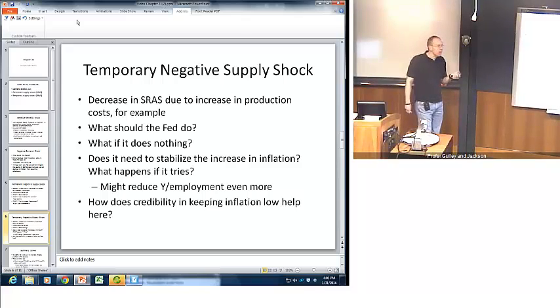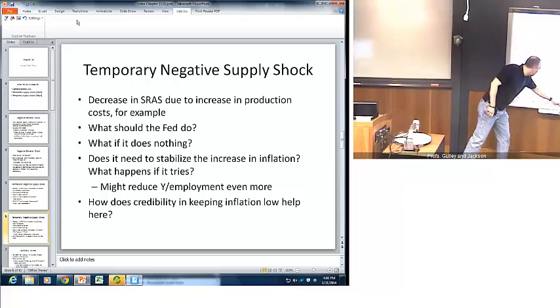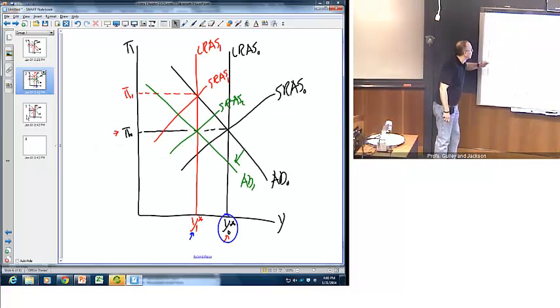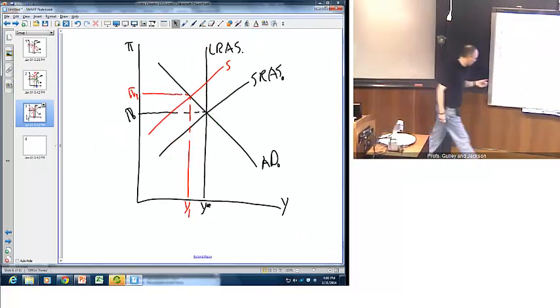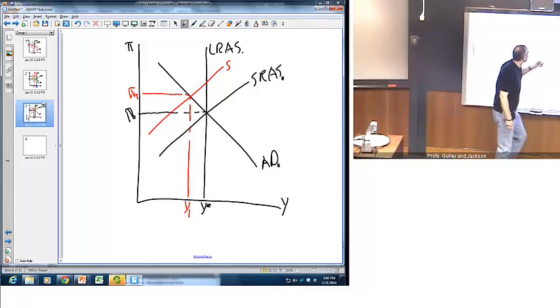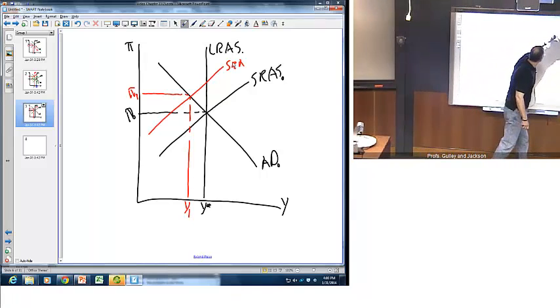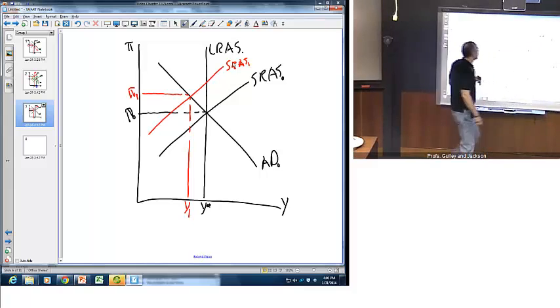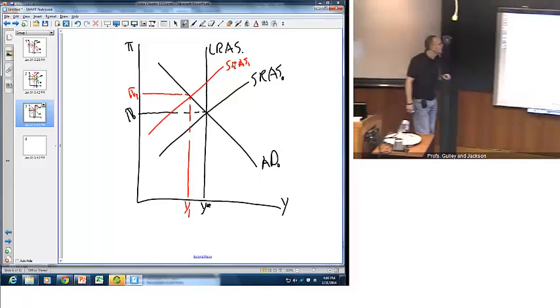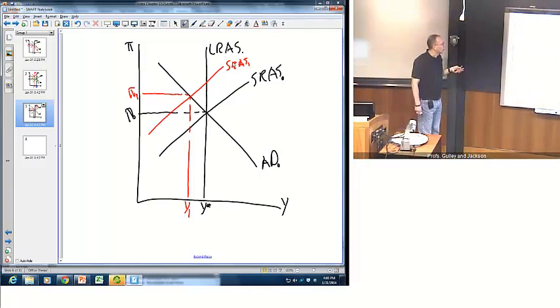Only the short-run supply curve would tend to shift. I have not correctly completed my graph. Let's see if I can do that. The short-run supply curve would shift back to the left like so. And in the short run, we'd observe relatively higher inflation and relatively lower real GDP.